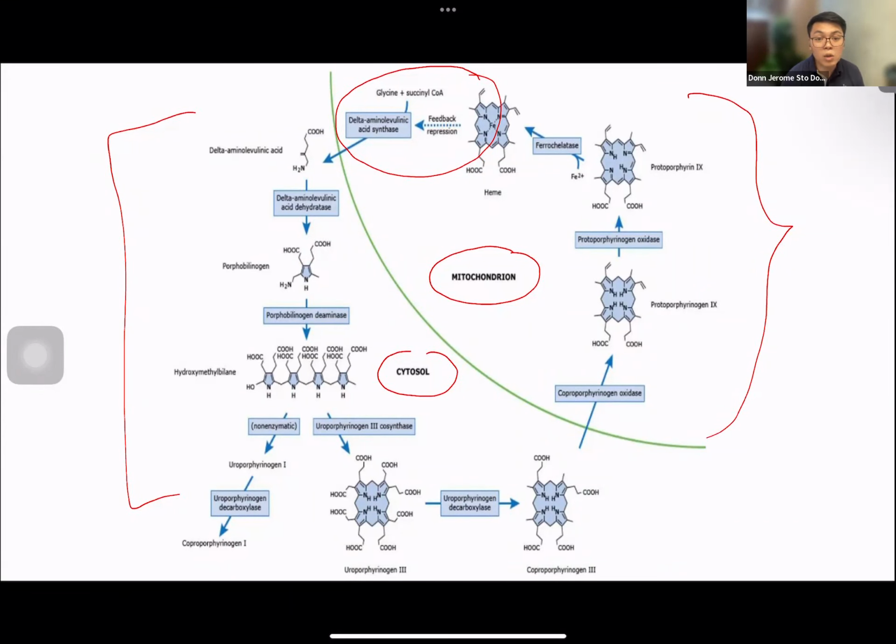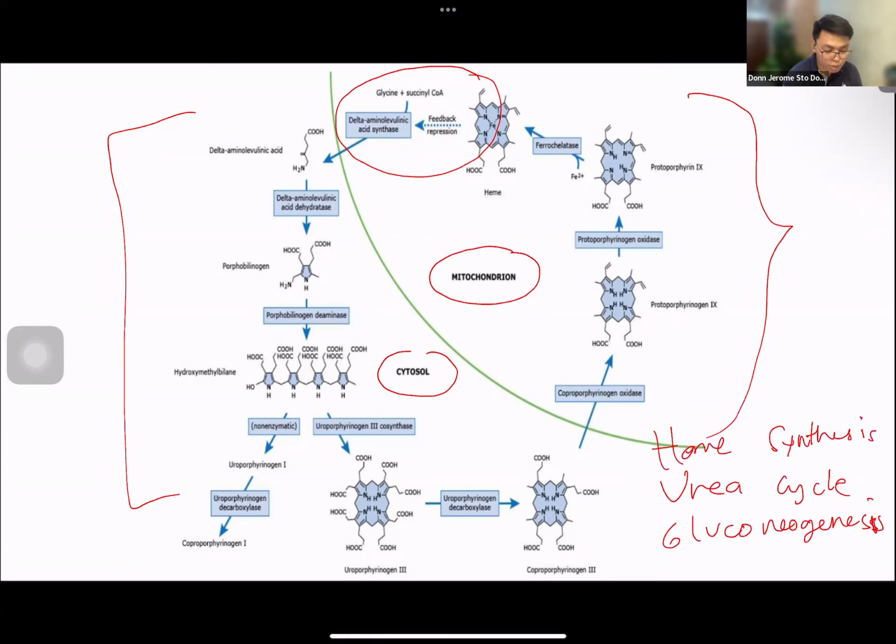The other pathways that utilize your mitochondria and cytosol include your urea cycle, as well as your gluconeogenesis. Okay, so the one that we'll discuss is heme synthesis.